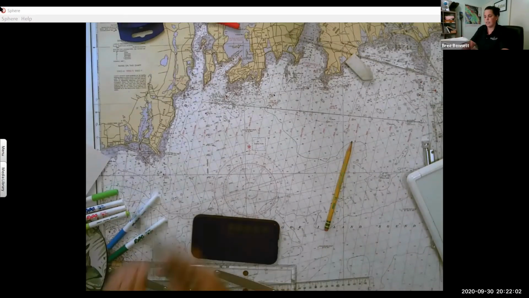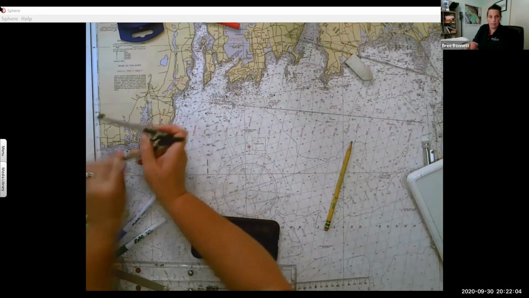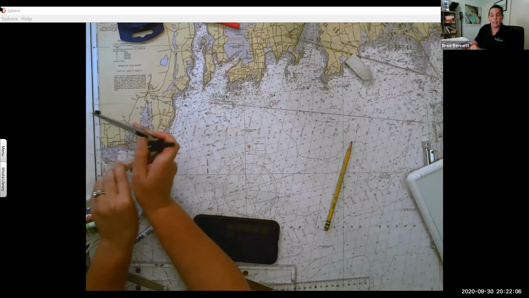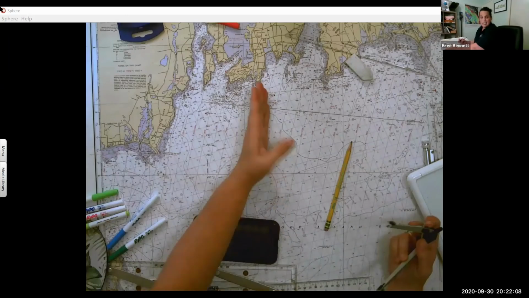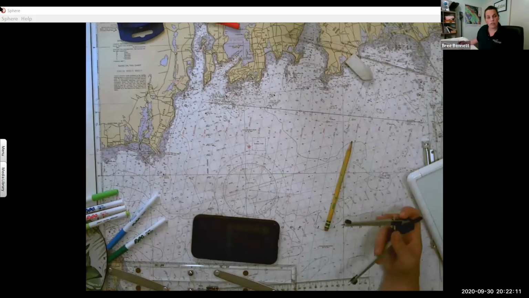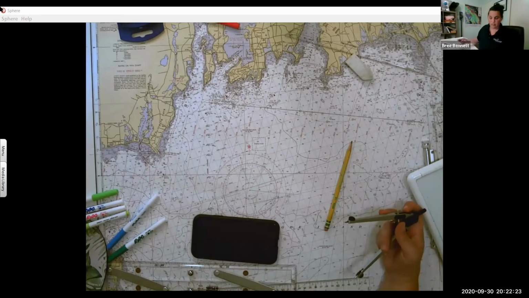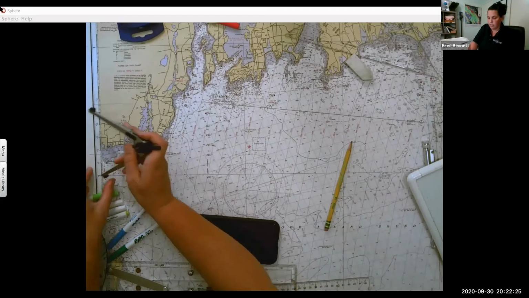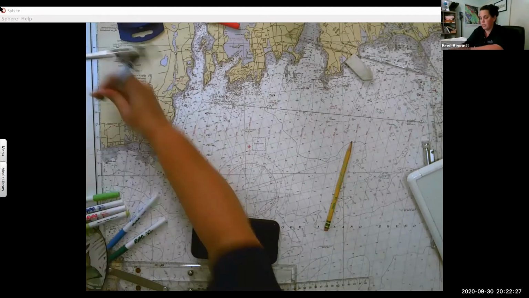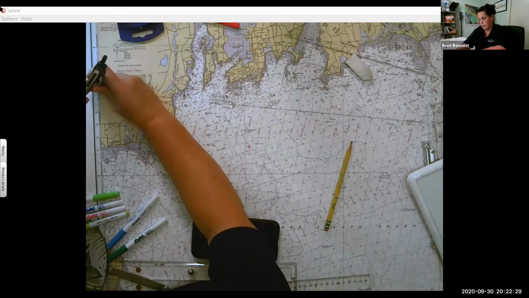So if I'm going 6.5 nautical miles in 1 hour from 9 to 10, I would have traveled 6.5 nautical miles. Just like on the freeway, right? If you're going 60 miles per hour, in 1 hour, you would travel 60 miles. The same thing, we're doing our speed is 6.5.